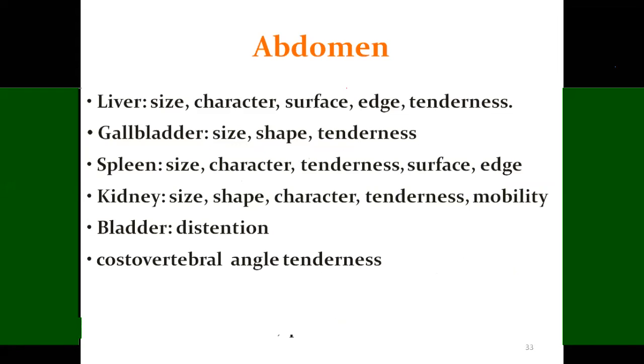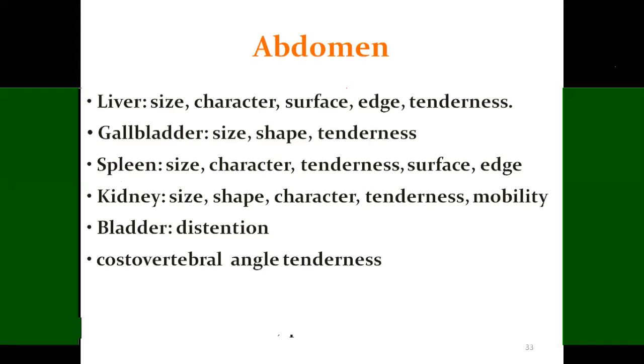For the gallbladder, you also have to write size, but you cannot write size until you have an ultrasound or any other examination available. So if you have these investigations available, you have to mention that, like the gallbladder was this much size, swollen or not swollen, what was the shape, and whether it was tender or not tender.